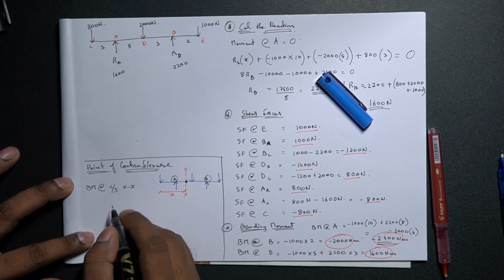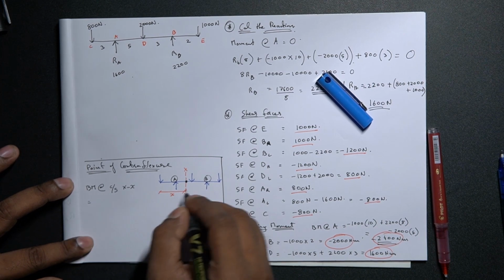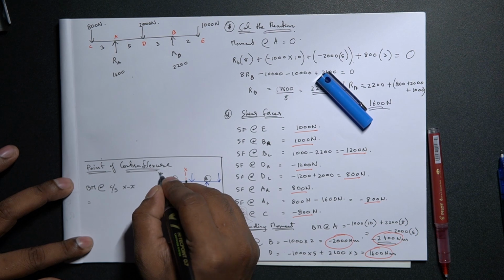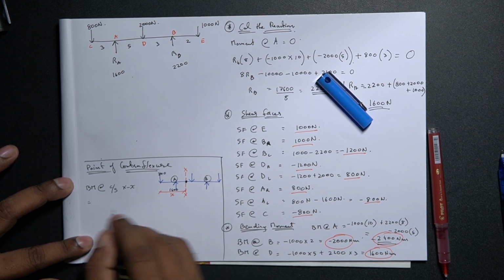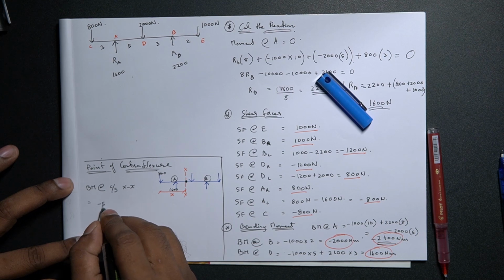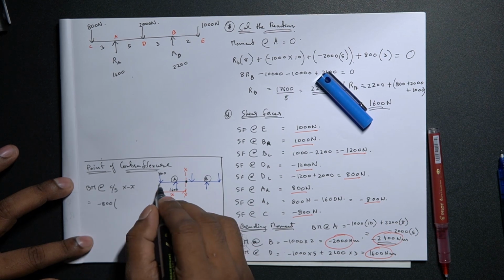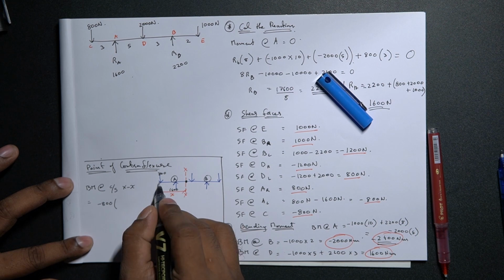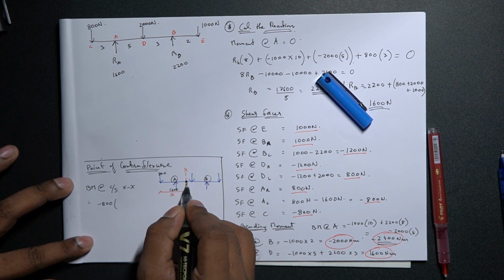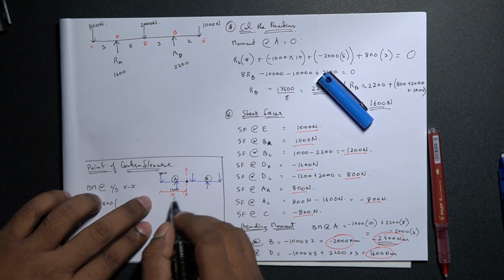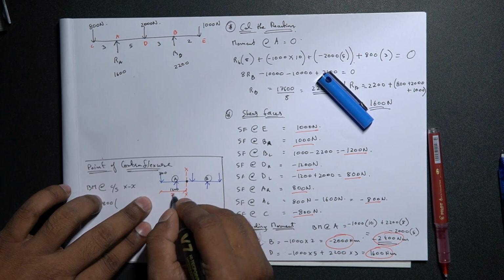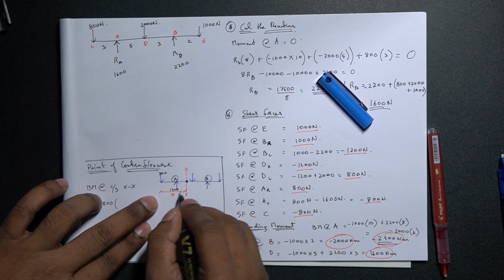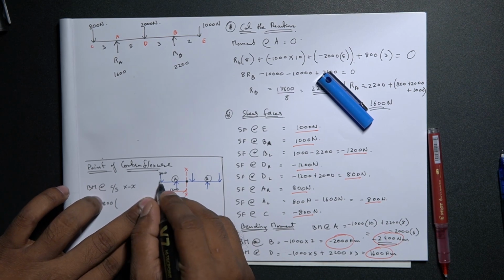Bending moment at cross section XX should be equal to, we have 800 newtons over here and 1600 newtons over here. So that is minus 800 times the lever arm. We need the length of this particular span. Small correction, we need to consider the distance from the support, not from the end point.